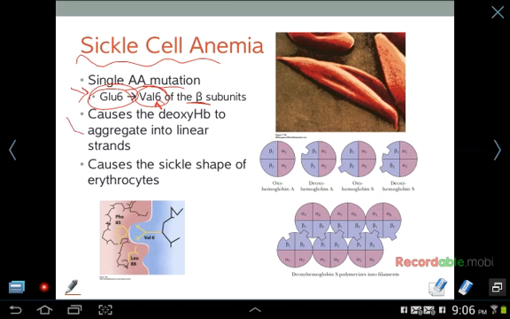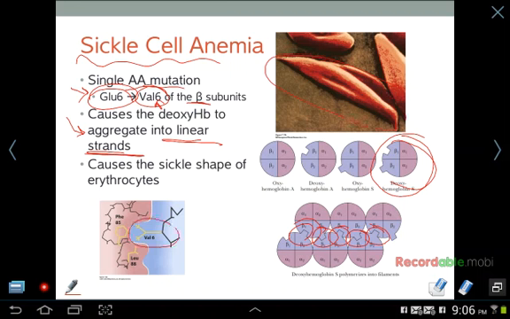What this does is this causes aggregation of the deoxy state of hemoglobin. And when you get this hydrophobic interaction, you get hydrophobic cross-linking between multiple hemoglobins, and it aggregates into a linear strand, which causes that sickle shape in the cell.